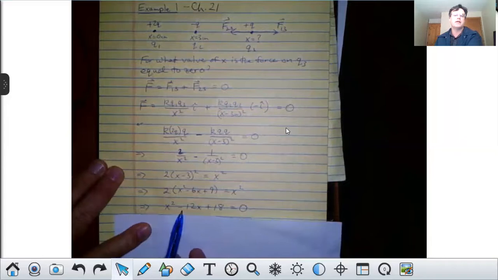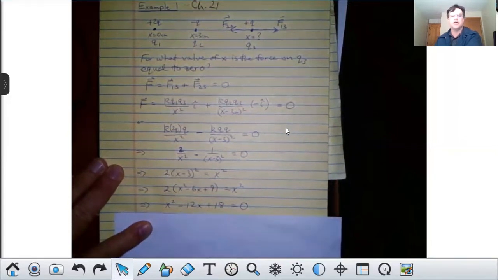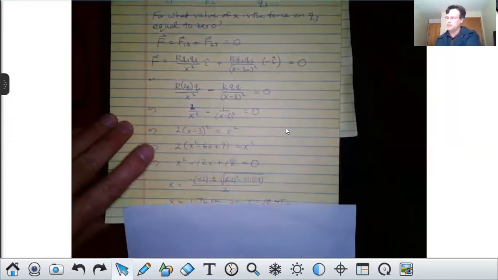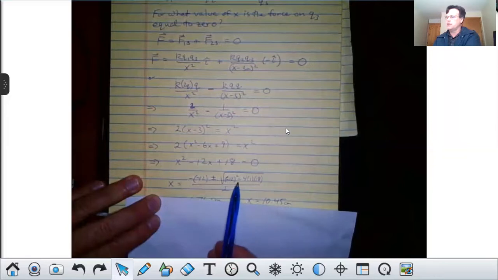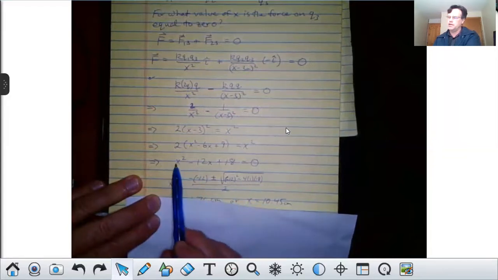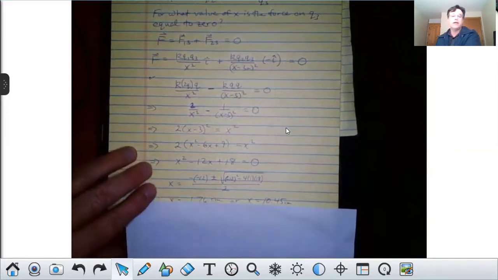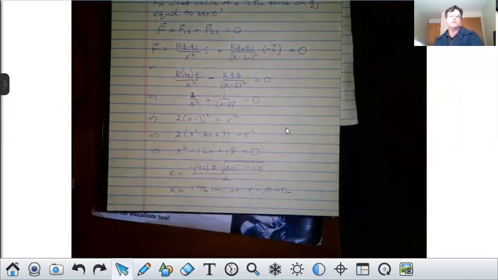So this is a quadratic equation, and I can apply the quadratic formula to it, which I did right here: x is equal to negative b plus or minus the square root of b squared minus 4ac, over 2a. a is equal to 1 in this case. But when I do that and calculate the actual values, I get x equals 1.76 centimeters or x equals 10.45.